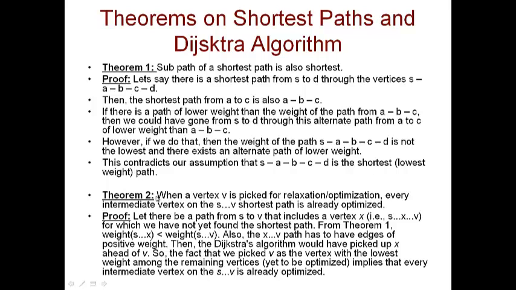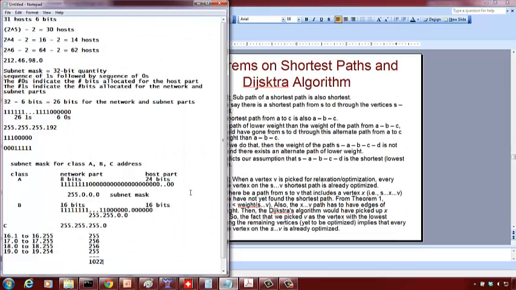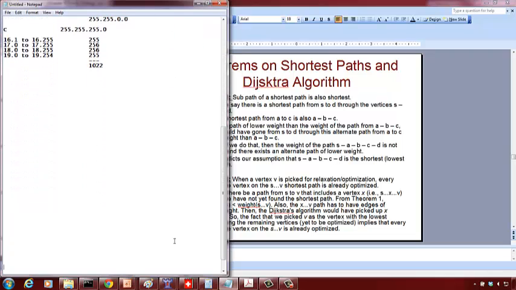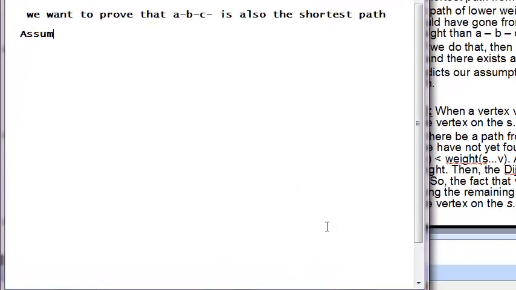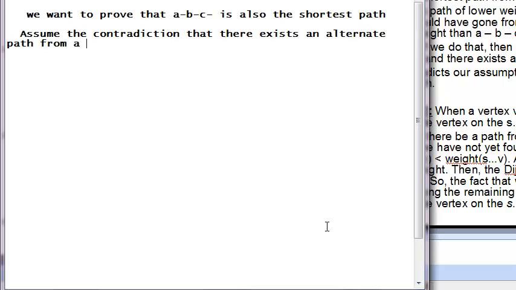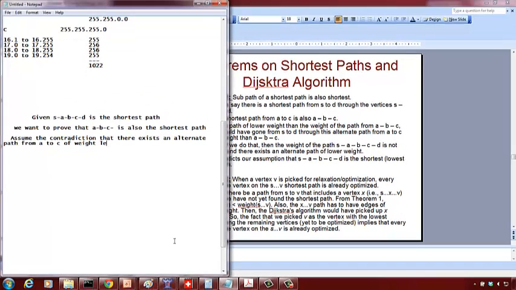Given that S, A, B, C, D is the shortest path, we want to prove that A to B to C is also the shortest path. Okay, so assume for contradiction that there exists an alternate path from A to C of weight less than the weight of A, B, C.